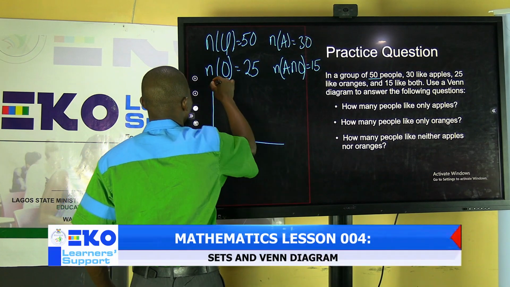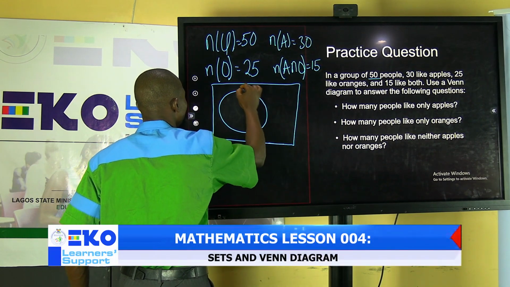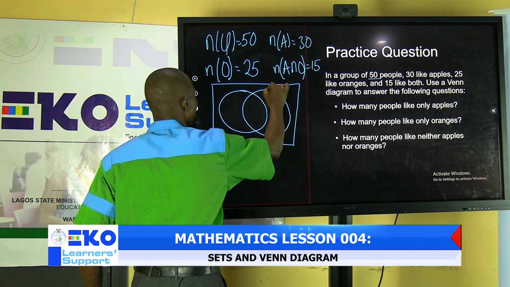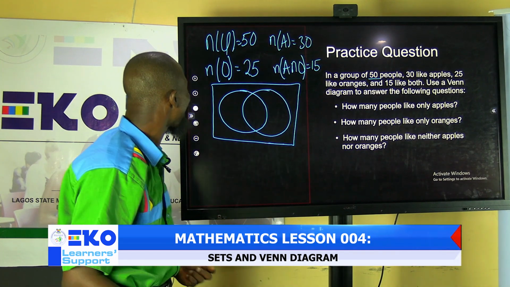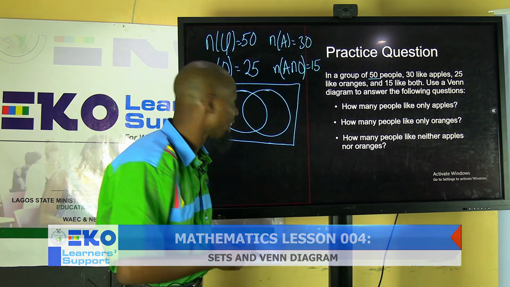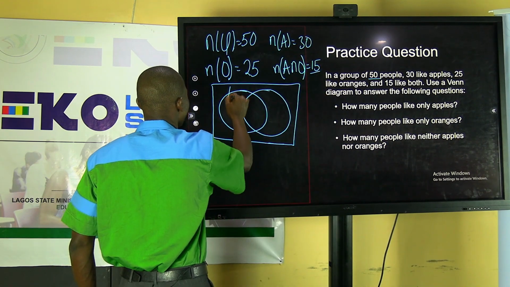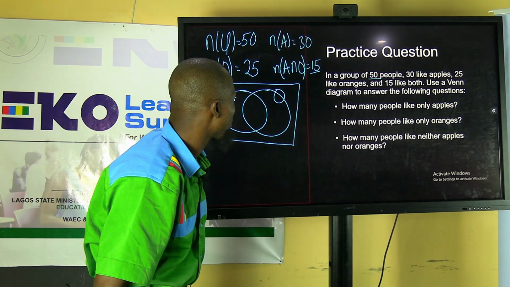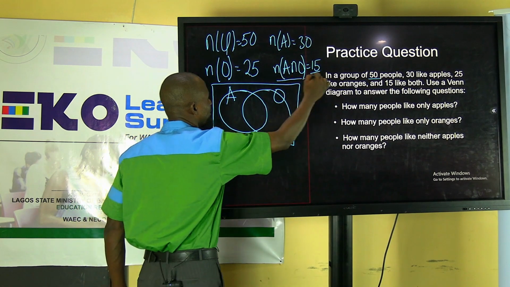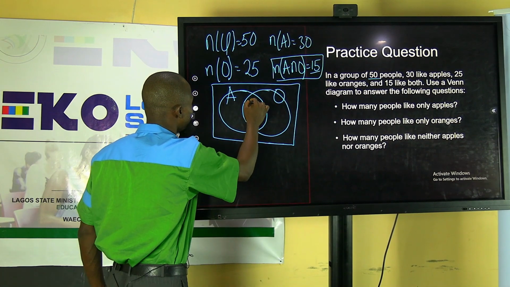In the Venn diagram, we are drawing two overlapping circles, because we assume there are some that like both apple and oranges, and they have given us that. Okay, so let this be apple, this be for oranges. All right, so let's indicate the first thing, that is the intersection, which is 15.